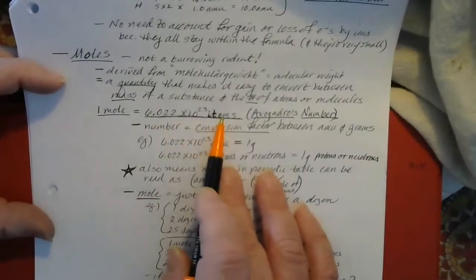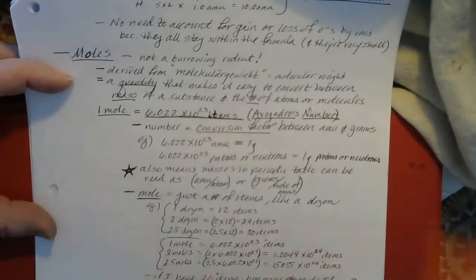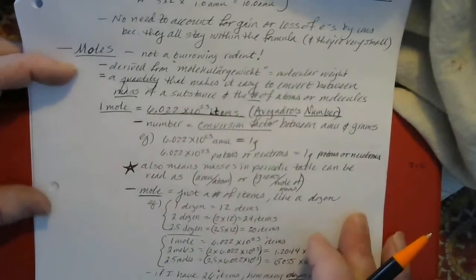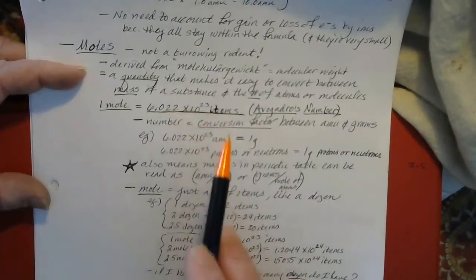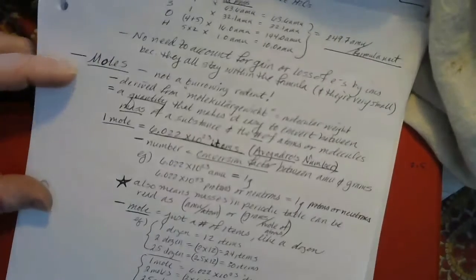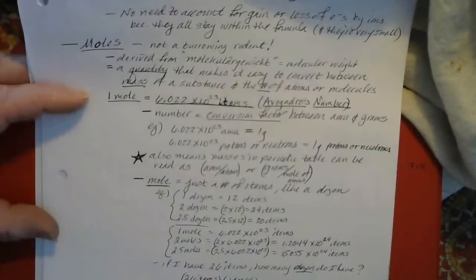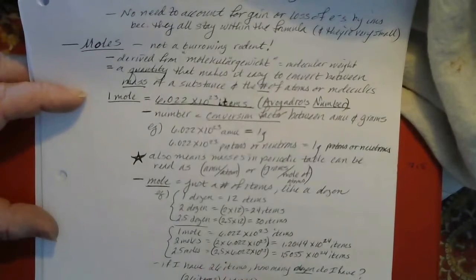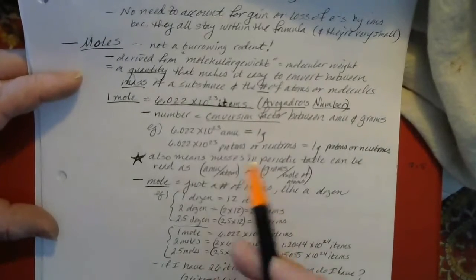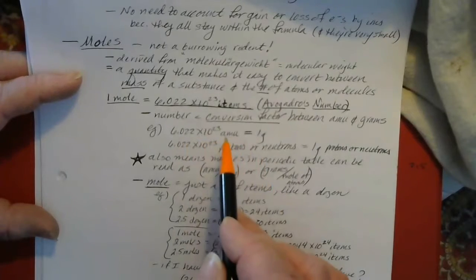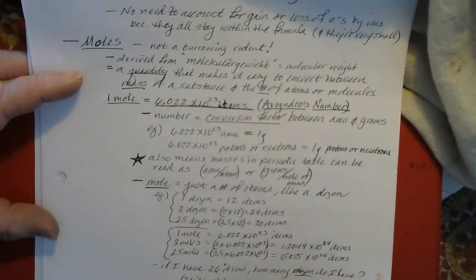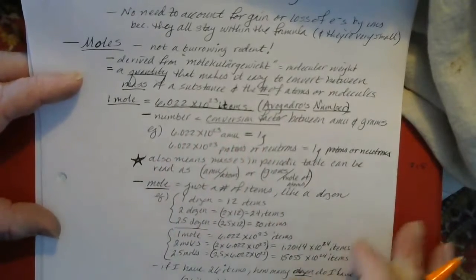The reason this number was chosen instead of something easier to remember is simply that 6.022 times 10 to the 23rd is the conversion factor between atomic mass units and grams. So 6.022 times 10 to the 23rd atomic mass units would be equivalent to 1 gram. That's why they chose that number.